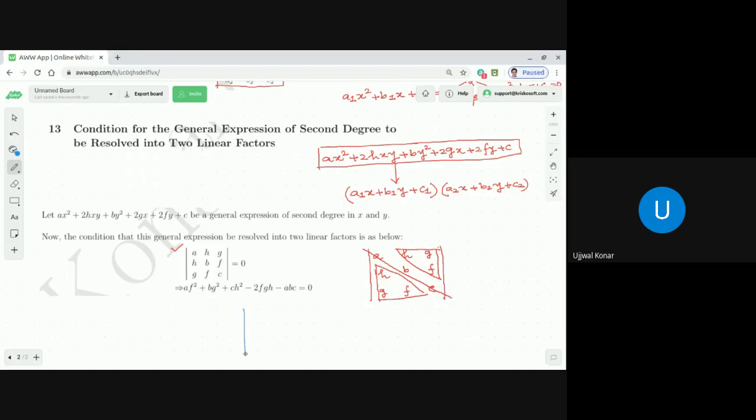You should write something like this: A, B, C. Then you write F, G, H, F, G, H. And that value has to be equal to 0 in order for the general expression of second degree, like ax square plus 2hxy plus by square plus 2gx plus 2fy plus c, to be resolved into two linear factors.